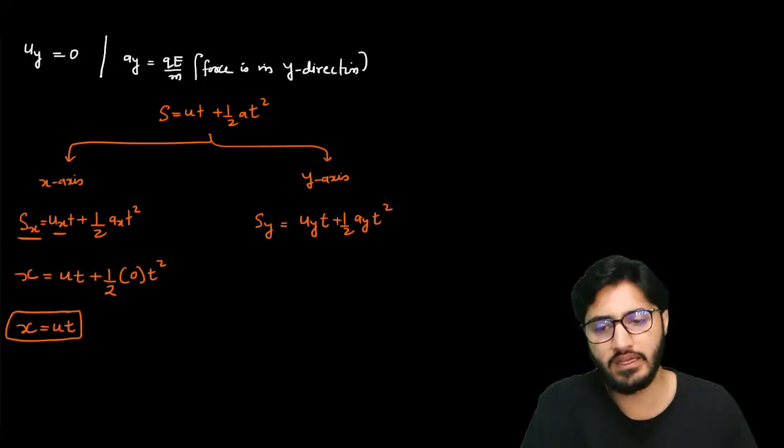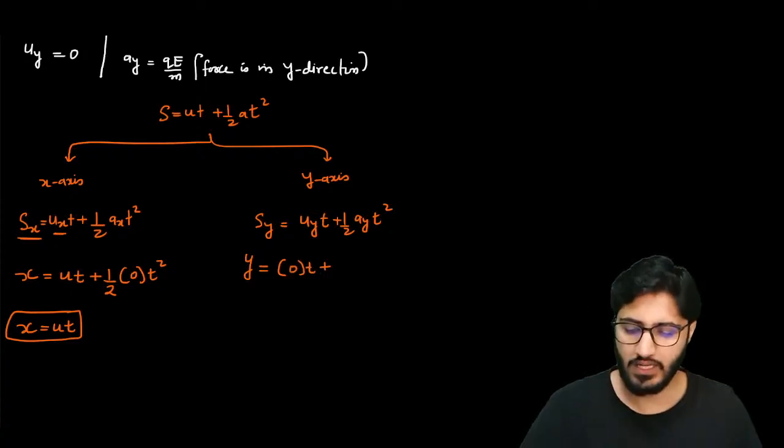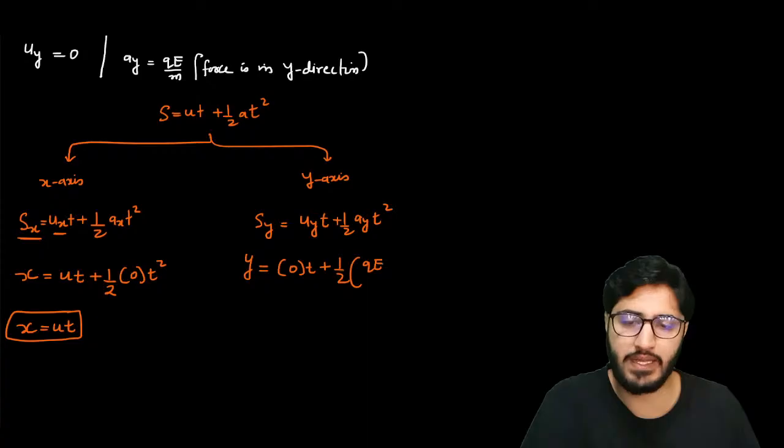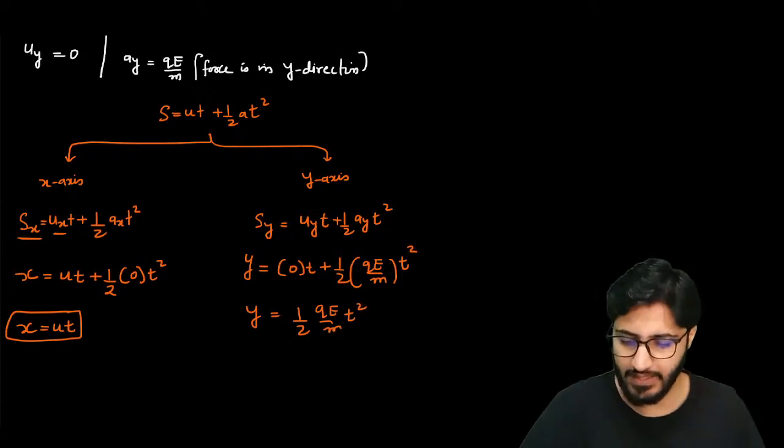Then here, displacement is y only, velocity in y is 0, and acceleration in y is qE by m. So y equals 1 by 2 qE by m t square.